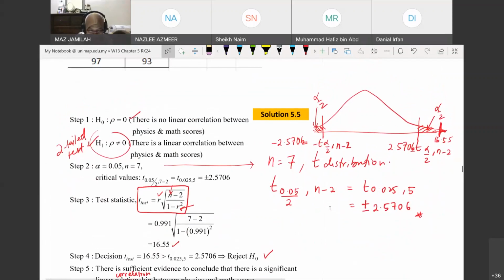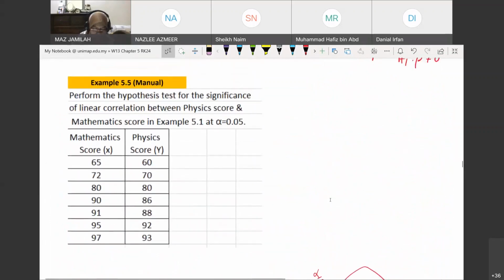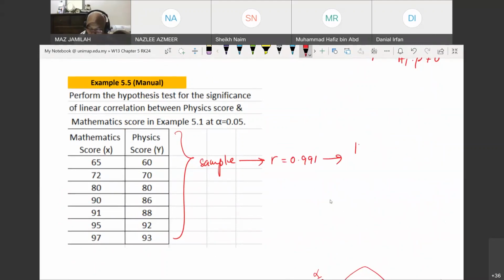Okay, class? Is it clear? So from your sample data, you got your r, and your r is 0.991. Then you go for hypothesis testing, and your hypothesis testing is testing for the correlation for your population.